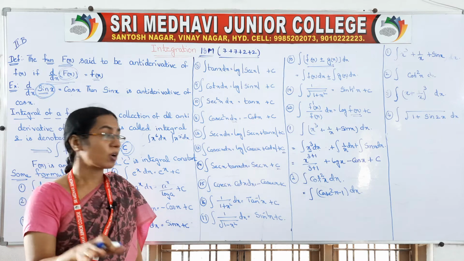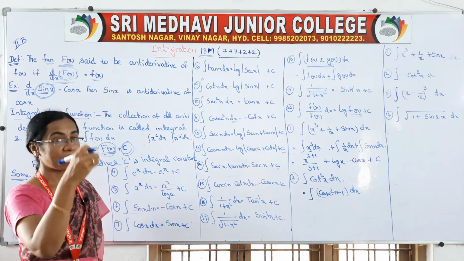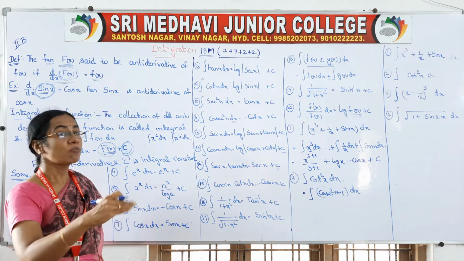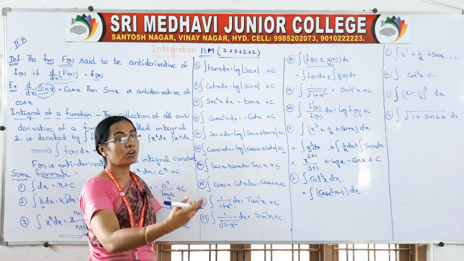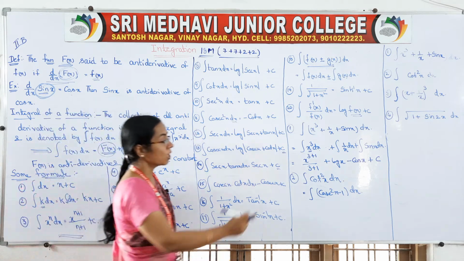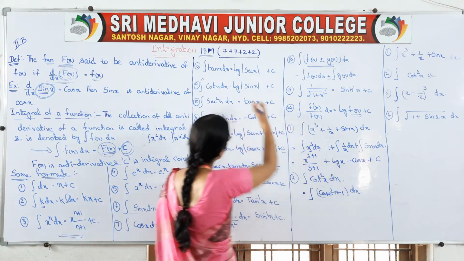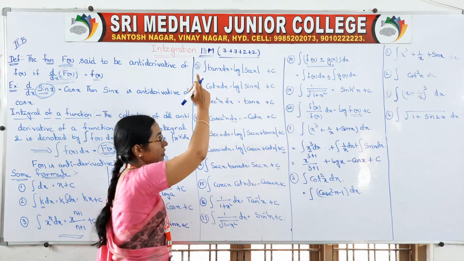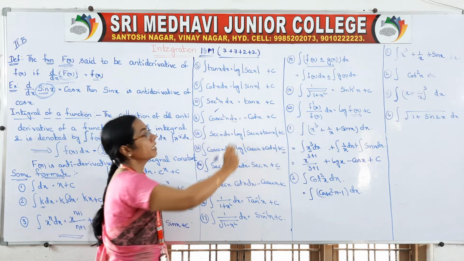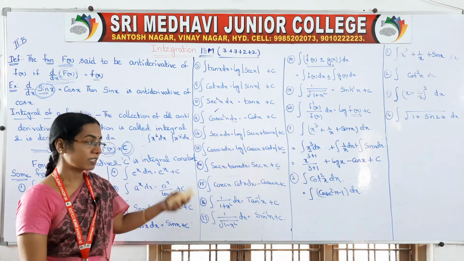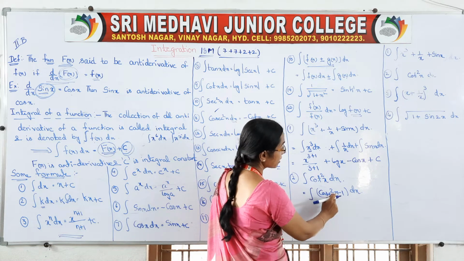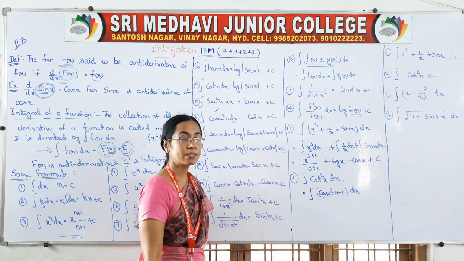Whenever a problem is not directly in a formula form, we convert it into another form so that the direct formula form will come to us. Cot x dx is there, but cot square is not there. But there is one formula, integral cosec square x dx. So by our trigonometric identities, cot square x can be written as cosec square x minus 1.